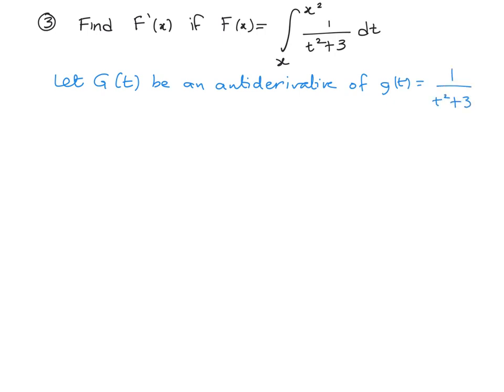Don't really care what function it is. It's just some antiderivative. Therefore, capital G prime of t equals 1 over t squared plus 3.